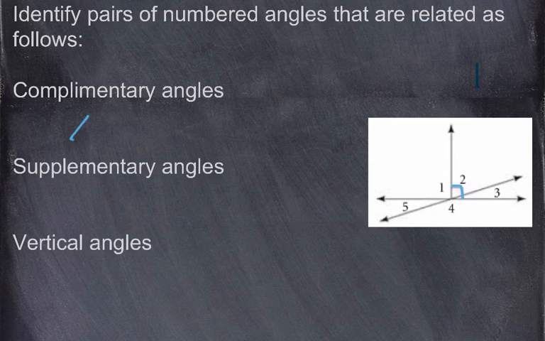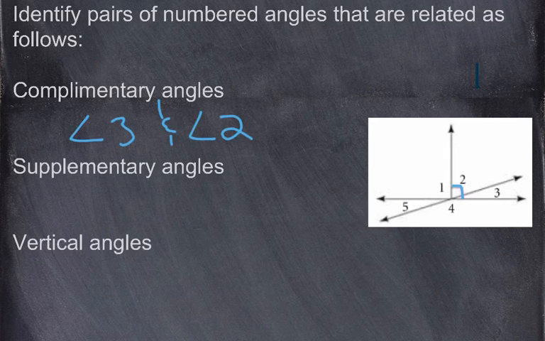And notice angle 3 and angle 2 make up the right angle. Here we're not given points, so we can't use letters to name the angles. If they ever give you numbers like this, the 1, 2, 3, 4, 5, you can just use those to name the angles as well. Angle 1, angle 2, angle 3, and so on.